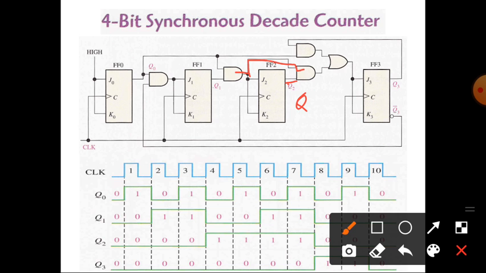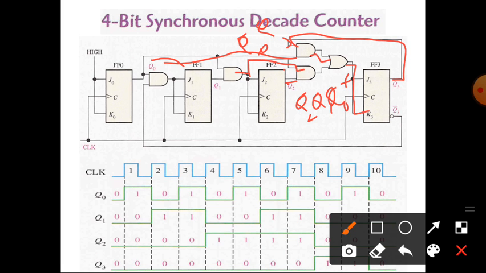Then this is Q2, Q1, Q0 plus this one, which is connected to Q0 and here it is connected to Q3. So Q3 and Q0 both are 1. Then if any of these conditions is satisfied, it is connected to J3 and K3. If any one of these conditions is satisfied, then Q3 changes its state from one state to another.